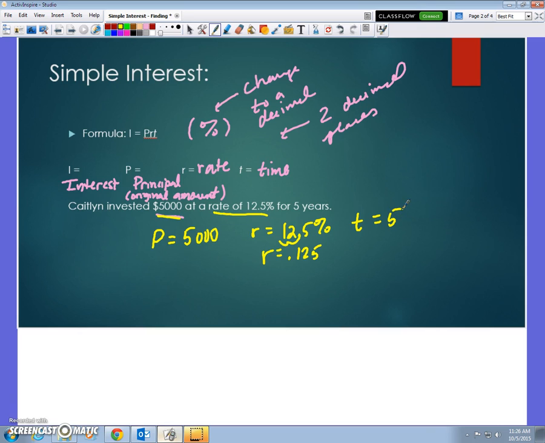All right, what we're looking for is how much interest they're going to make after those 5 years. So I equals PRT. We don't know what the interest is yet, so what we don't know equals 5,000 for P times the rate, which we changed to 0.125, times the years, multiplied by the time.